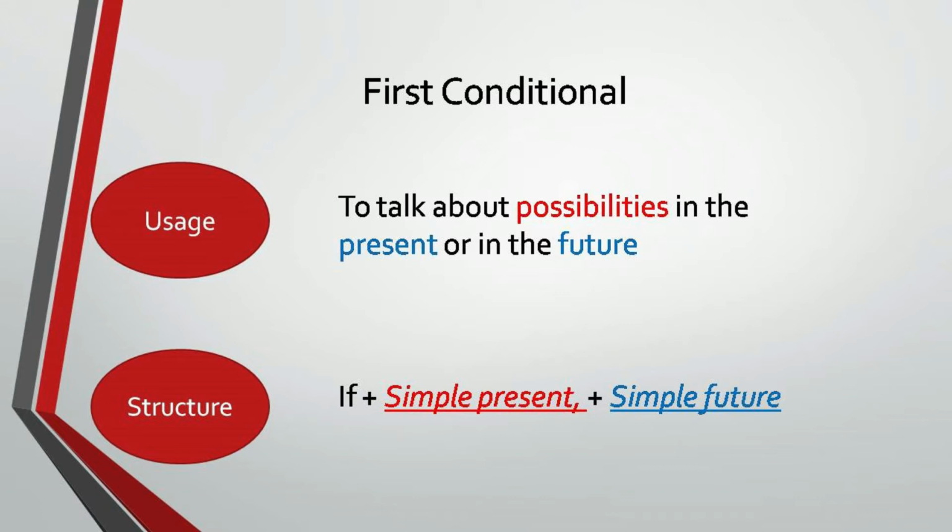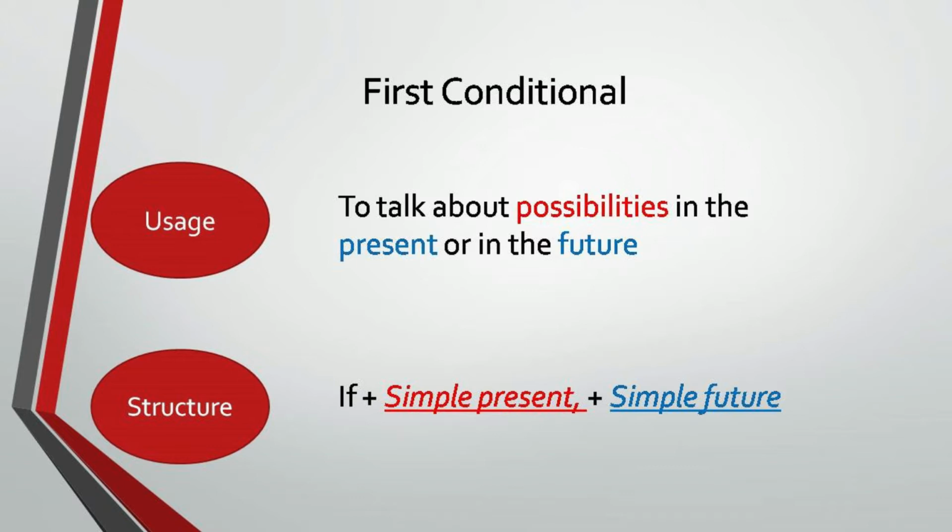Now let's see the first conditional sentence. To talk about the real situations or the possibilities in the present or in the future, we use first conditionals. I will give some more examples where we can use this first type of condition.